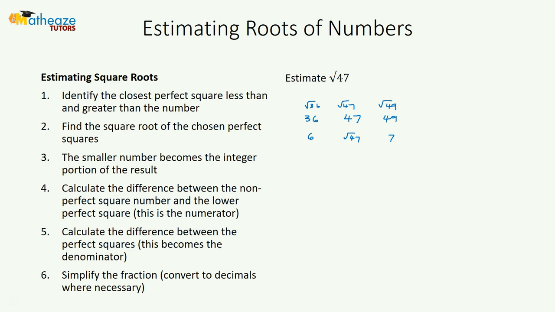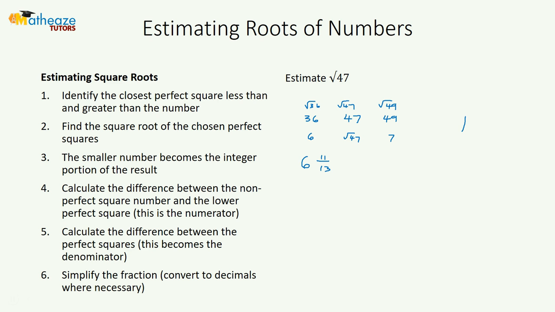We're going to start with the lower square root, which is 6. Now we're going to estimate the distance between the lower perfect square and our number, which is 36 and 47. That should give us 11. And the lower perfect square and the higher perfect square, which is going to give us 49 minus 36, which is 13.